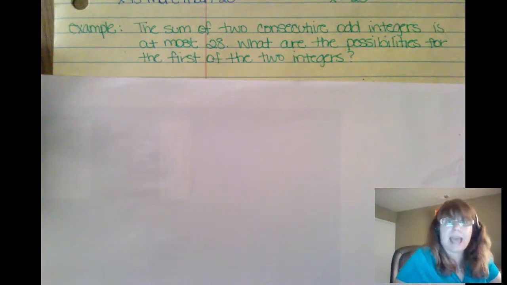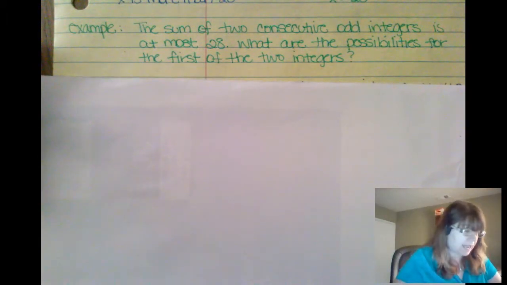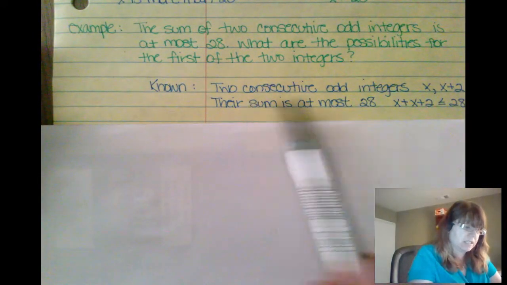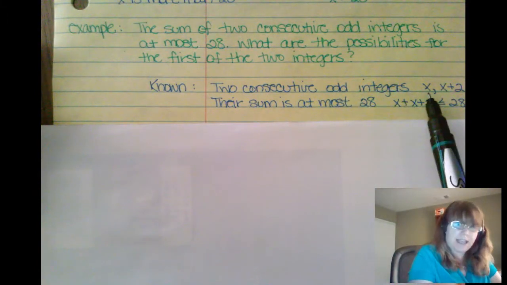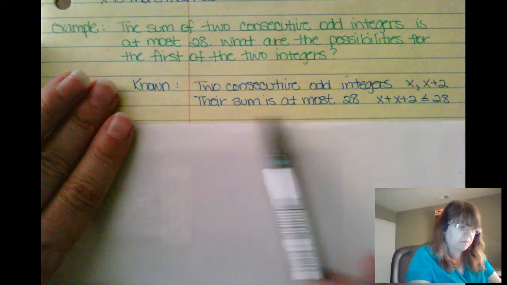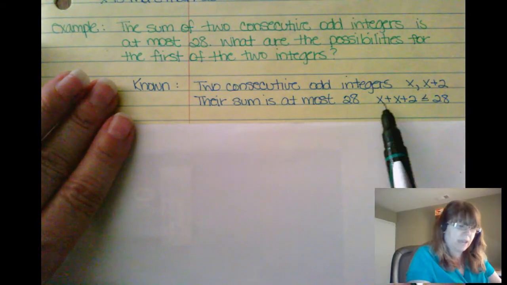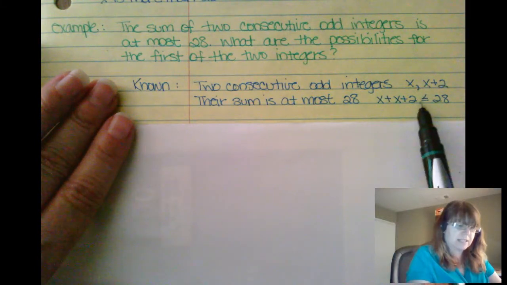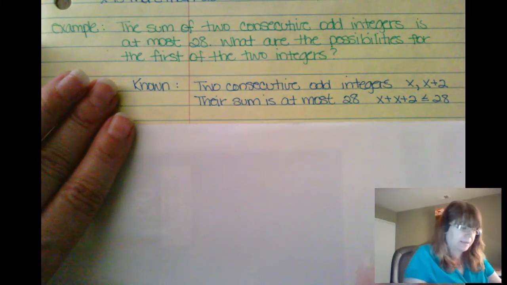And since it's at most 28, it's going to be less than or equal to. So we know the two consecutive odd integers are x and x plus 2. Their sum is at most 28, so x plus x plus 2 is less than or equal to 28.